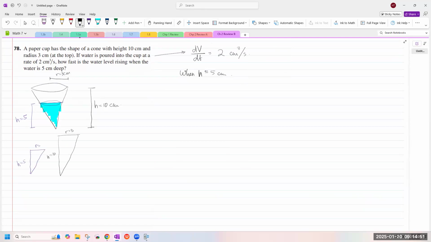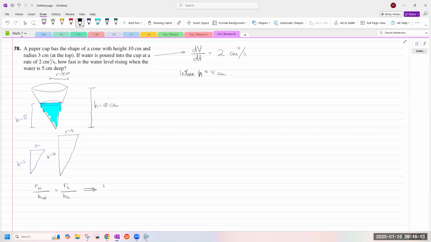Okay, so by using similar triangles, we get r, the radius of the water, not the cup, the radius of the water over the height of the water should be equal to the radius of the cup over the height of the cup.